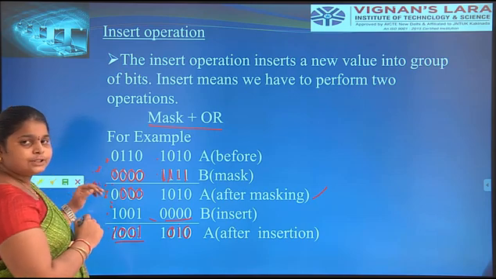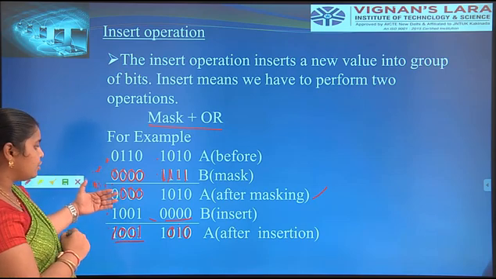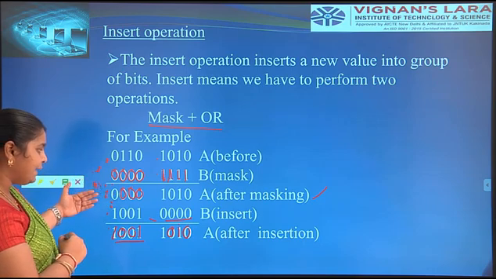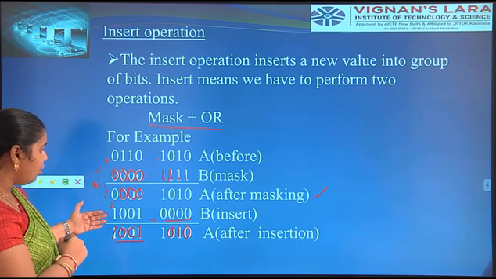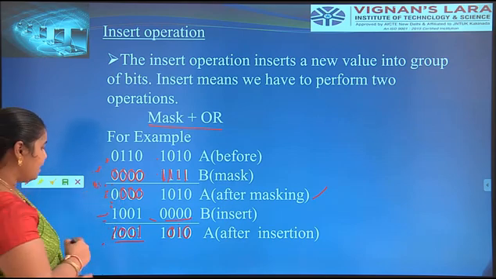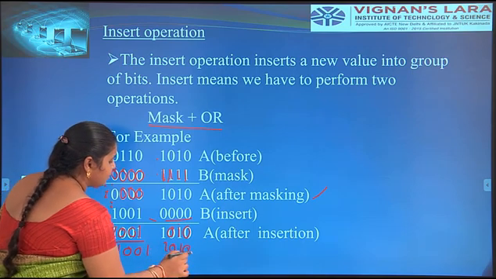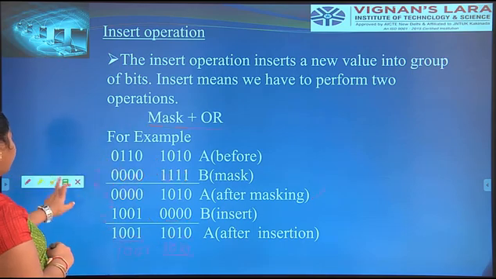Masked operation means 0 means 0. Next, after masking the A bit, B is the insert value. After considering A and B, the final result will be 1 0 0 1 and 1 0 1 0. This is an insert operation.